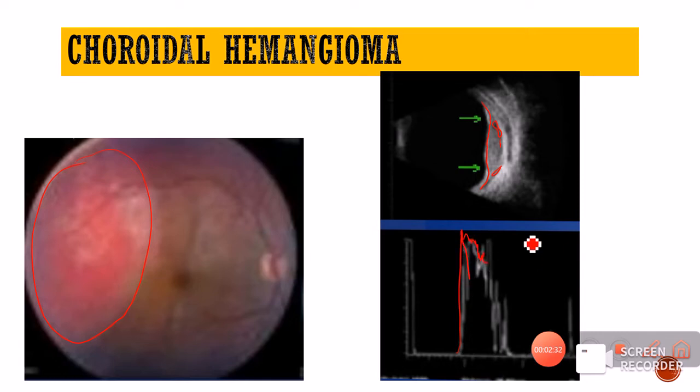There is no angle kappa, and therefore you have to think in terms of hemangioma. Now if there was an orange pigmentation or drusen present, then you would think in terms of the choroidal nevus. However, since the pigmentation here is totally different and you are seeing a reddish orangish lesion, it goes more in favor of hemangioma.